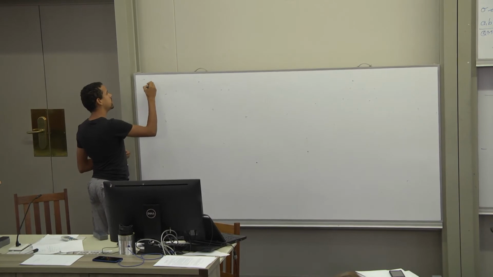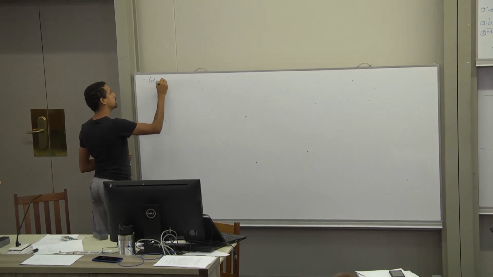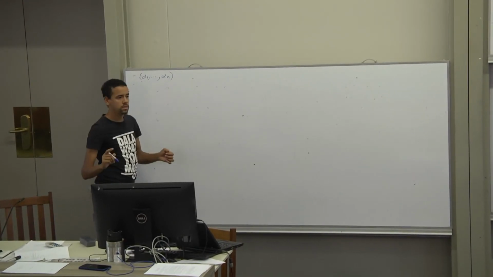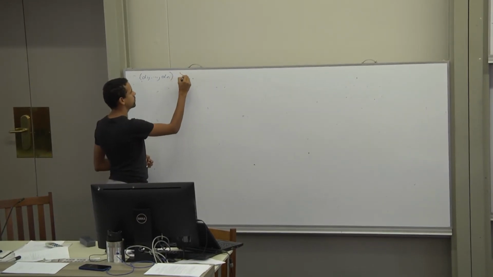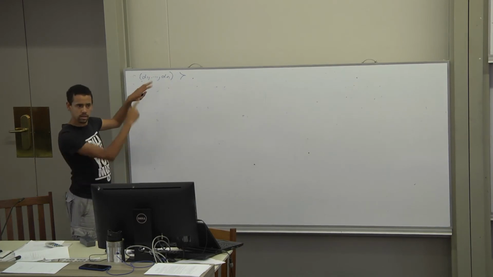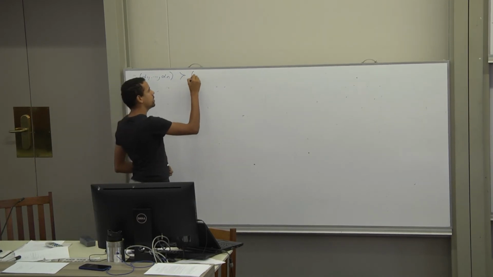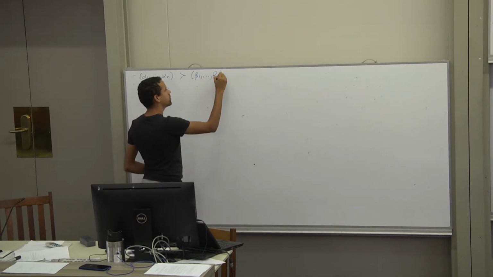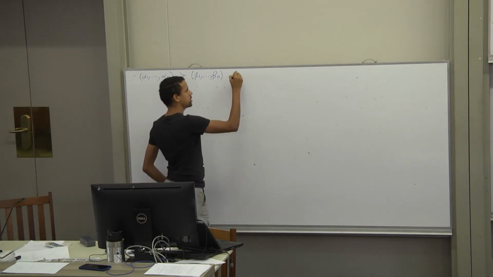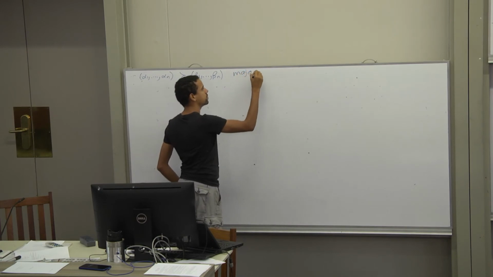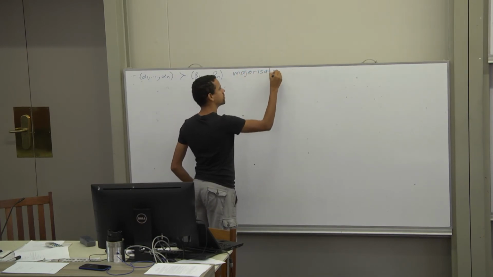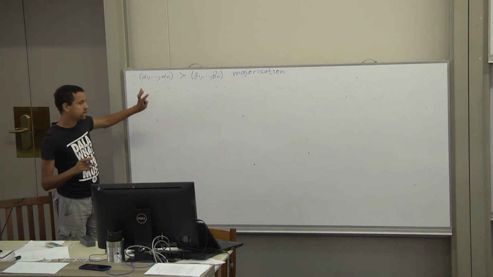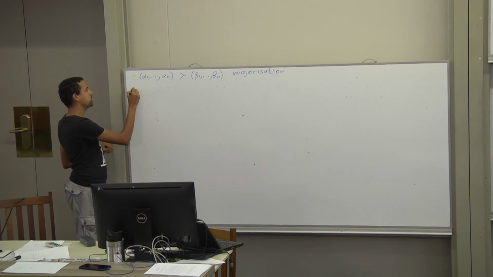So let's say we have two sequences, alpha 1 up to alpha n, and we're going to use a weird notation, sort of like a greater than sign, and beta 1 up to beta n. This is majorization. What this means is three conditions.